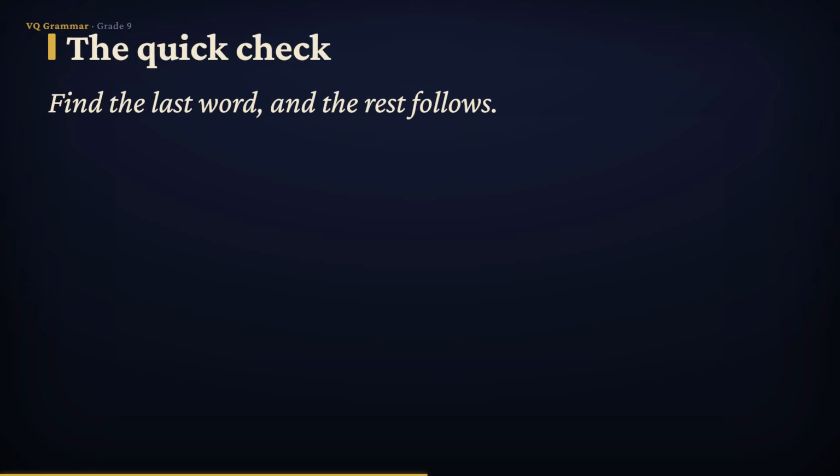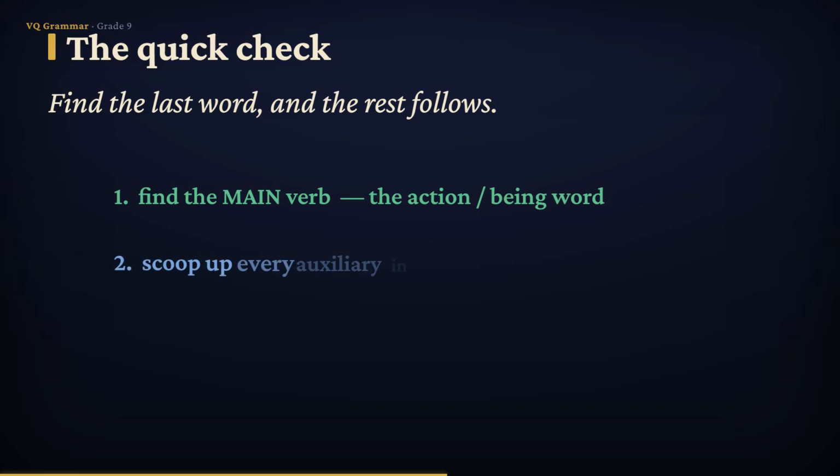Let's turn all of that into a simple routine you can run on any sentence. Step 1. Find the main verb, the core action or being word. Step 2. Scoop up every auxiliary sitting in front of it, even if the subject or an adverb has slipped between them. Step 3.